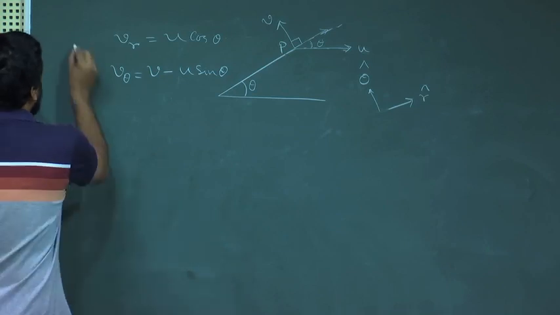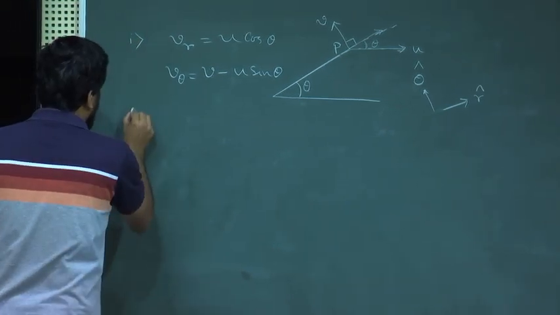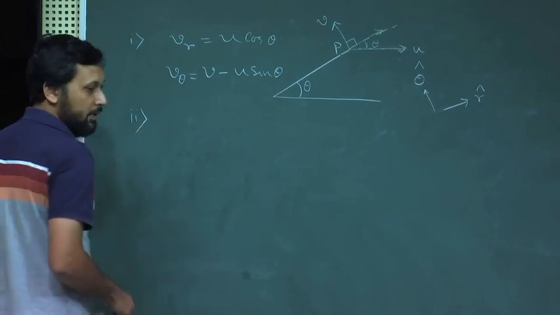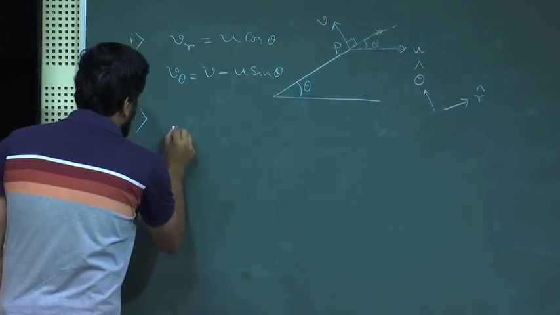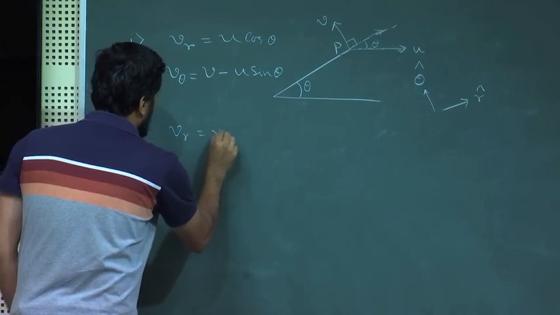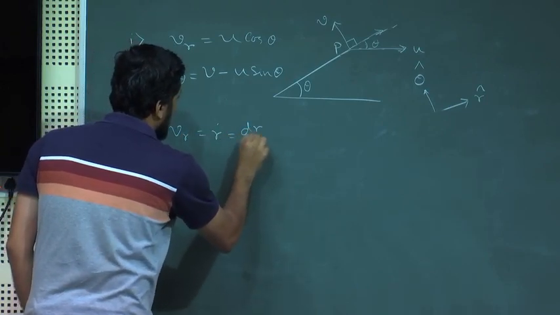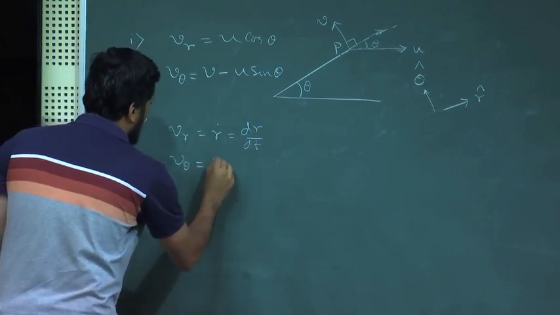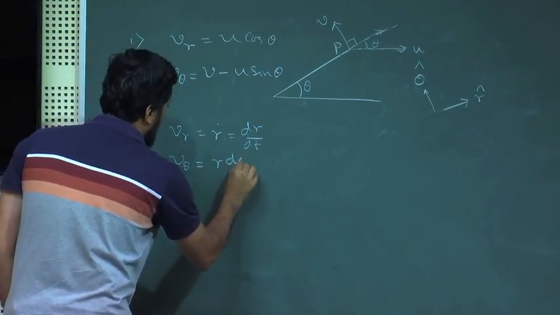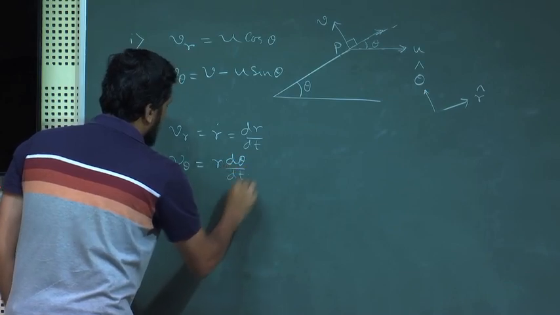So this is part 1. Part 2 of the problem is we have to set up the equation of motion. Please remember, Vr is equal to r dot is equal to dr/dt, and v theta is equal to r d theta/dt.